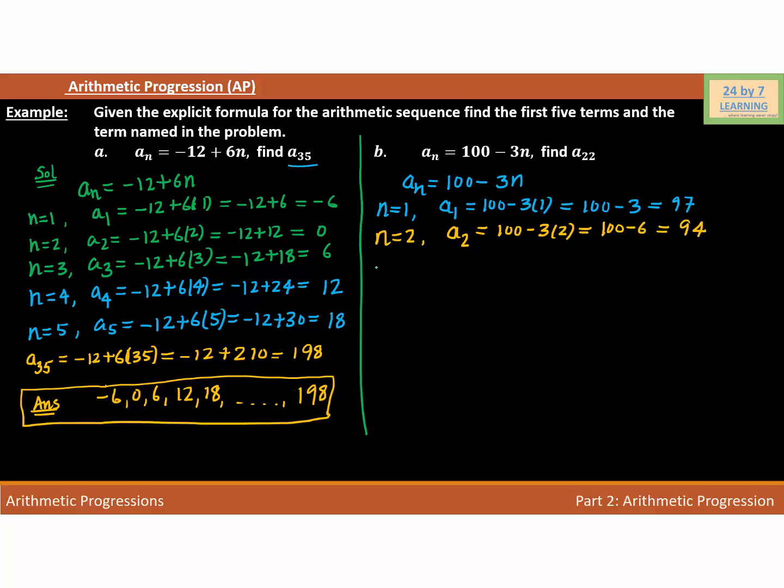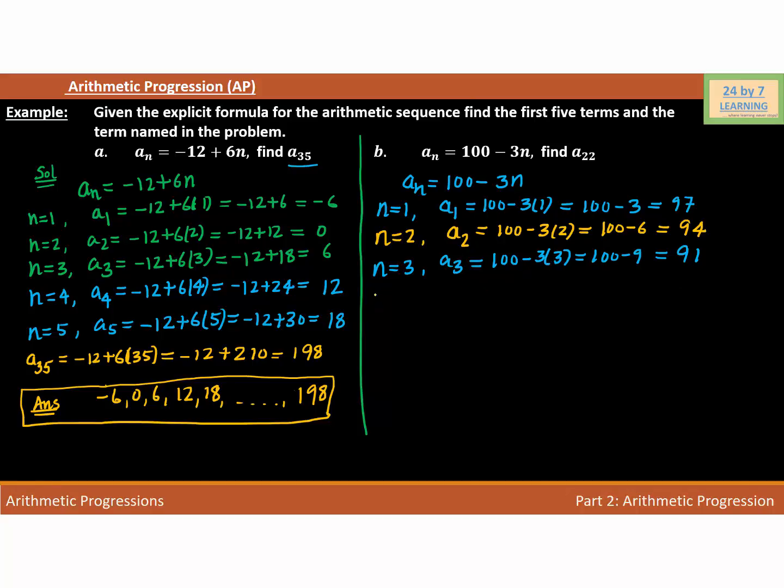Now let's find the third term. n is equal to 3, so a3 is 100 minus 3 times 3, which is 100 minus 9, because 3 times 3 is 9. Subtracting 9 from 100, I get 91, my third term.